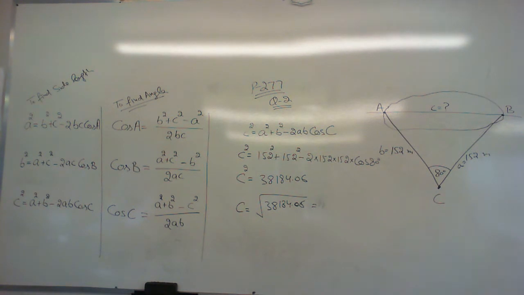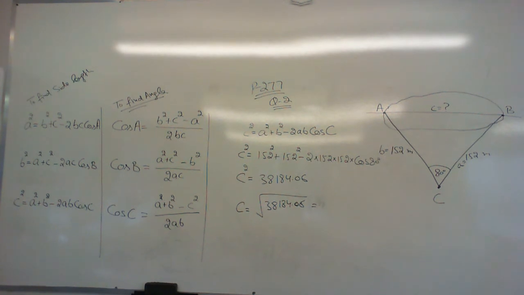So 152 square. Well, you can use this shortcut for square, you don't have to do that. 152 square plus 152 square minus 2 times 152 times 152 times cos 80 equals 38,184.06.